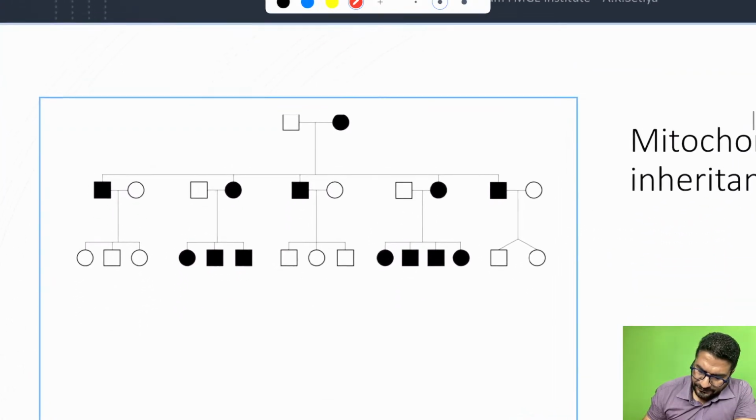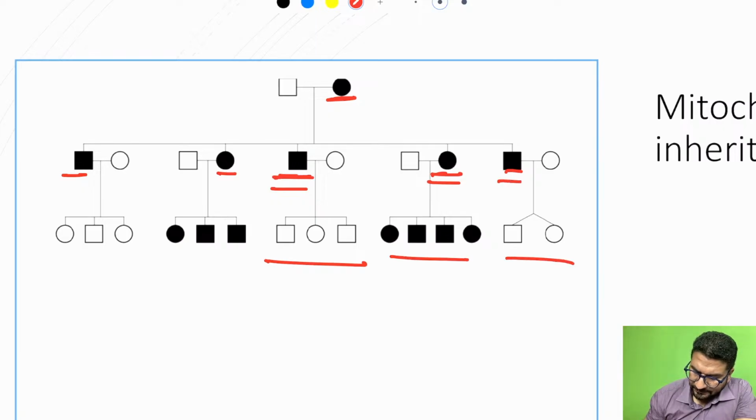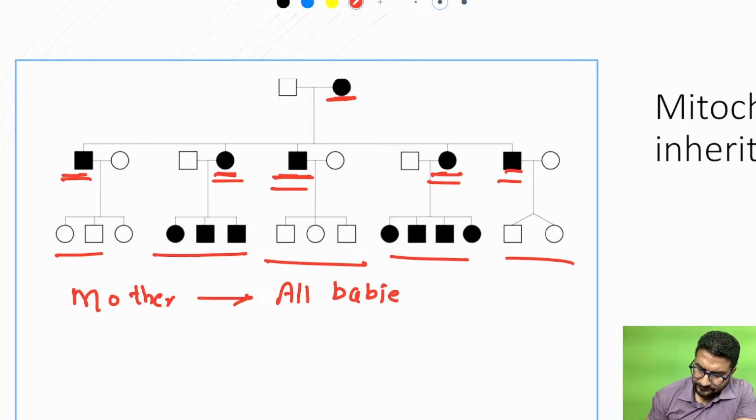ओके, अब आपसे exam में question पूछते हैं, they ask you questions on mitochondrial inheritance. तो देखो ध्यान से, this is mother. If mother is affected irrespective of gender, every baby will be affected. देखो, baby, baby, baby, baby, father से किसी को नहीं, again mother all, father no one, mother all, father no one. So I can say this disease will follow the all or none principle, meaning from mother it will affect all babies, and from father it will affect none.